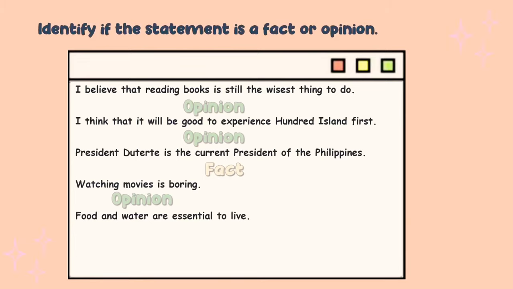Is it fact or opinion? Na ang tubig at pagkain ay kailangan para mabuhay. It is fact. Hindi lang tao kundi lahat ng living creature kailangan ang tubig at pagkain para mabuhay.